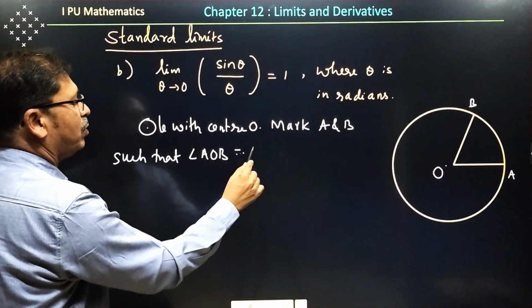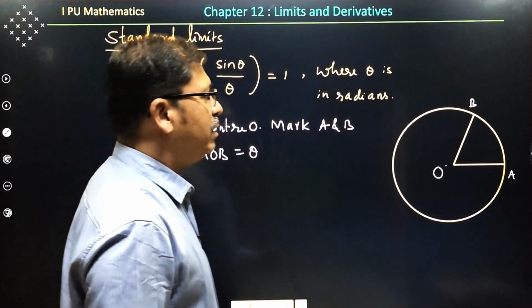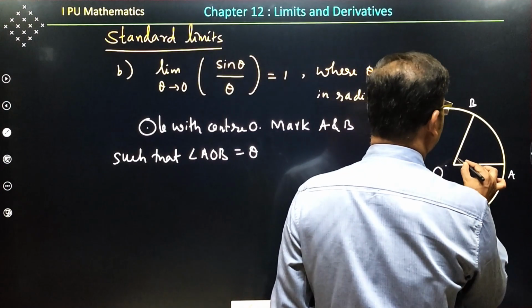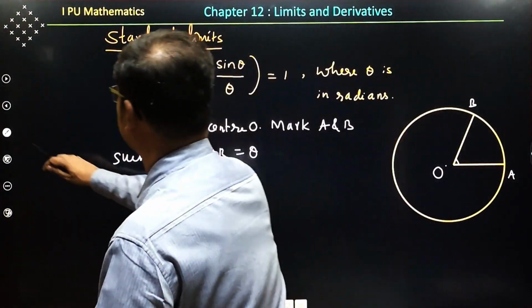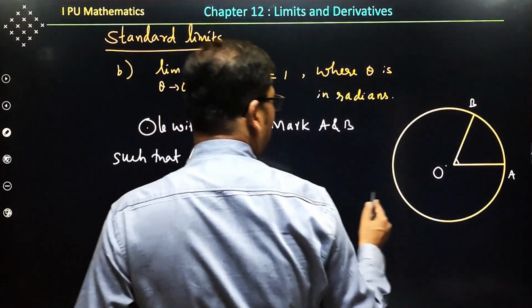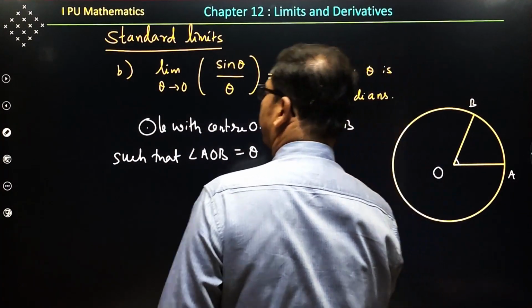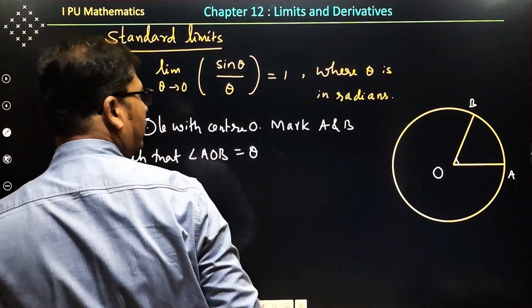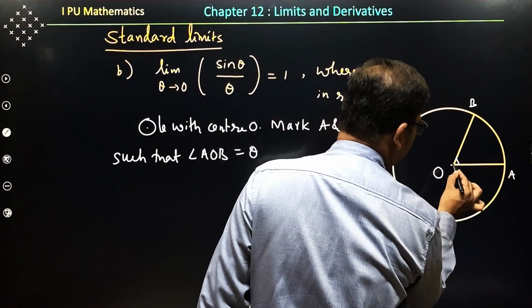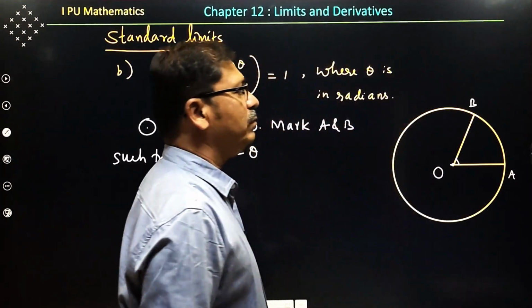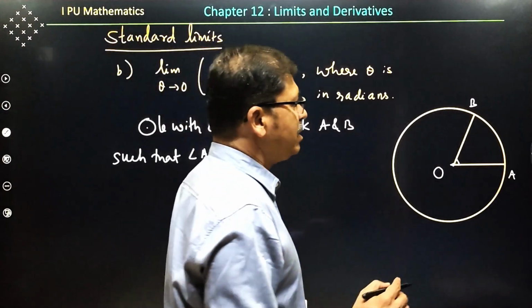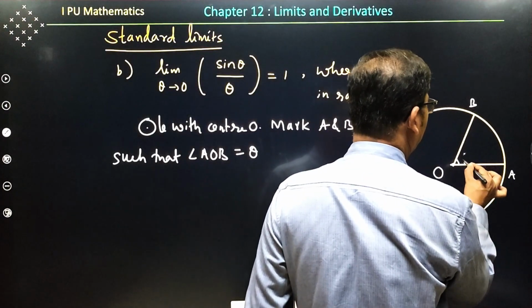Angle AOB is equal to theta radians. O is the center of the circle. I have marked 2 points A and B such that angle AOB is equal to theta radians.